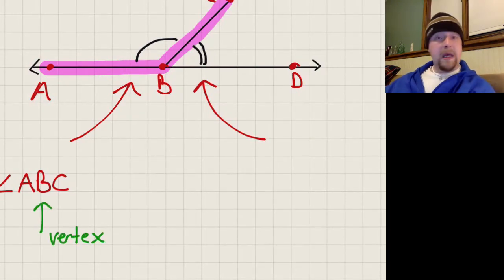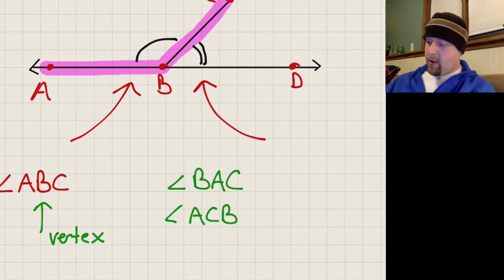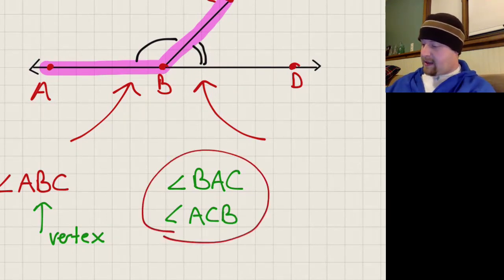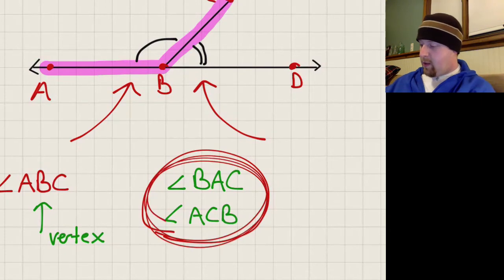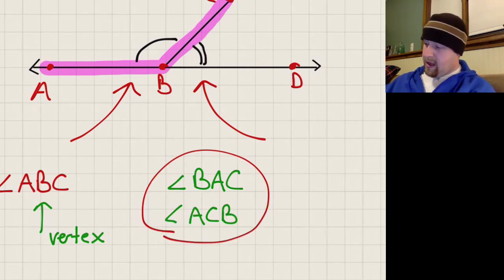So I would never label angle ABC angle BAC or angle ACB. Those are definitely not the way that I would name that angle. Because in this one, A is in the middle.